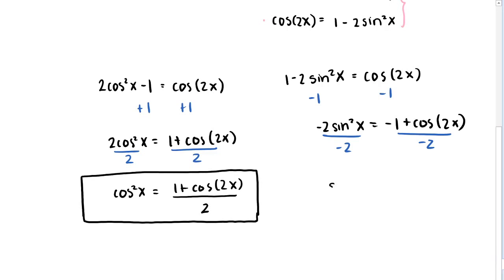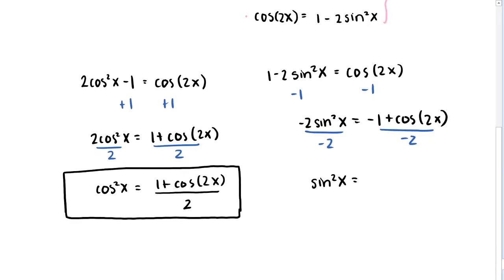this gives us sine squared of x is equal to, and I'm not such a big fan of this negative in the denominator, so let me factor out a negative from the numerator as well. Pulling out a negative sign from that first term gives us just a positive 1, and pulling out a negative sign from that second term gives us a minus cosine of 2x. Now that's divided by negative 2.